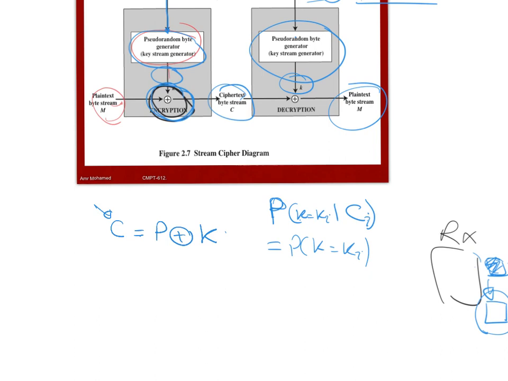If you add to this knowing C_i and P_i, then the problem becomes trivial. Why? Because the key is simply P_i XORed with C_i. So I know one C_i and I know one P_i, so the key is actually the XOR between them. That's it.